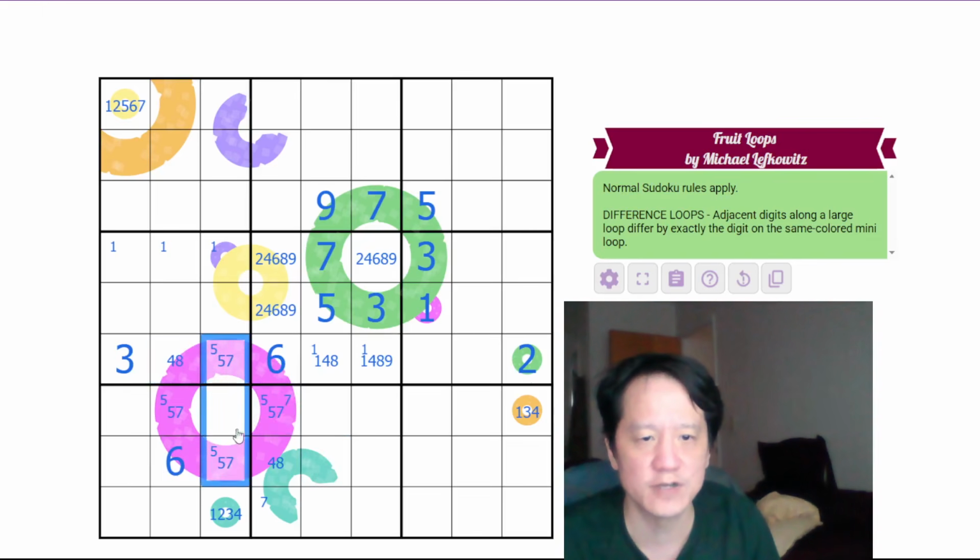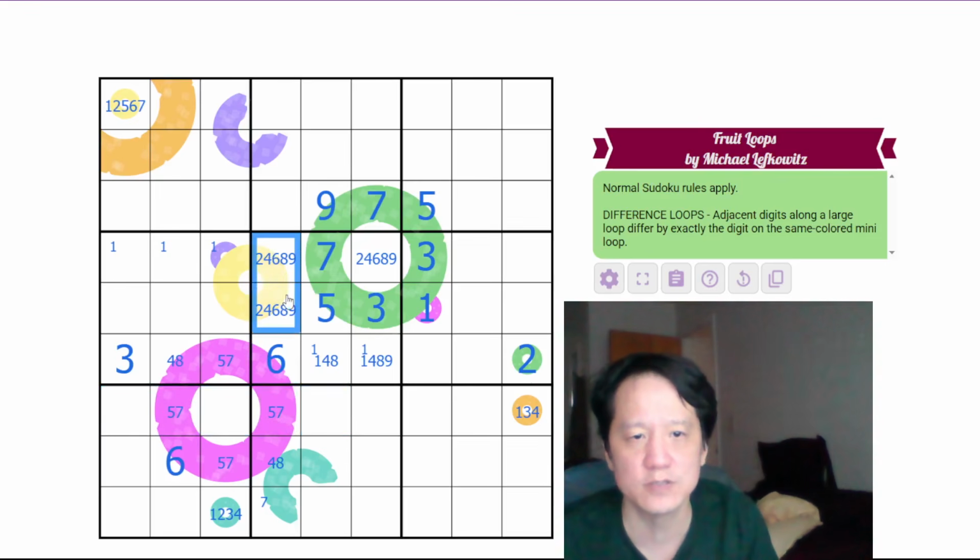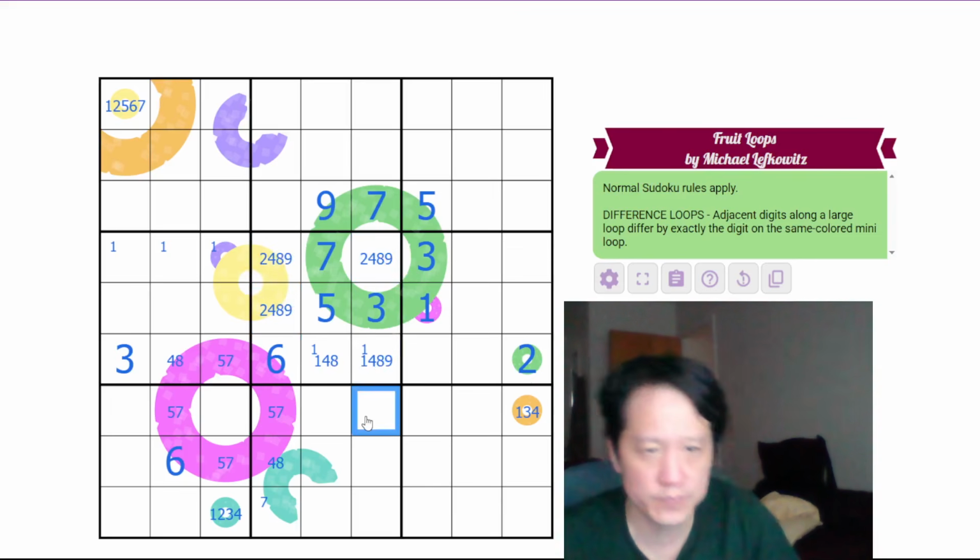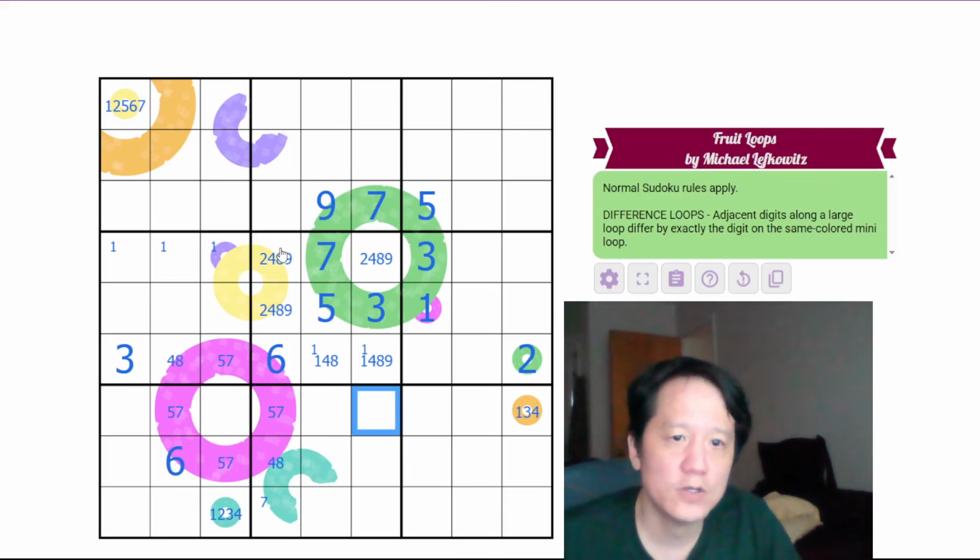This is 5, 7 as a pair, which eliminates 5, 7 in the rest of the column and the rest of the row here. This is 6, which eliminates 6 in the rest of the box. So again, this could be a difference of 1.